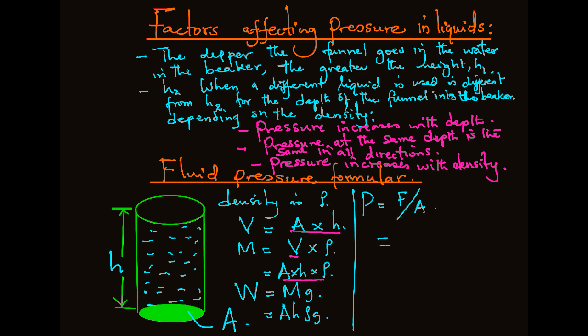So we have pressure equal to the weight over area, which is equal to A h rho g divided by A. We note that the A's cancel out, and therefore pressure due to the liquid column h is given by h rho g. h is the height, rho is the density, and g is the gravitational force per unit mass.